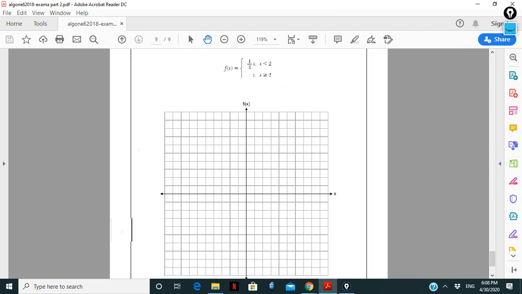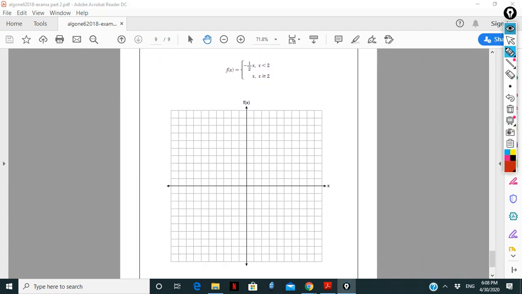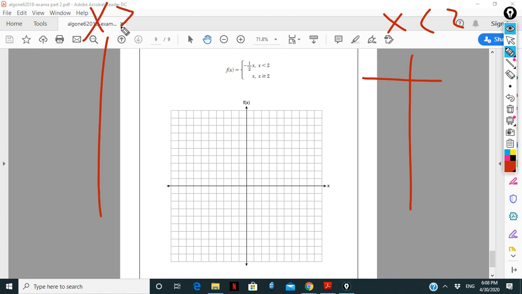Now, this is a piecewise function. He wanted to graph it. So here, what happened? I have split the domain: one for x less than 2, one for x greater than or equal to 2. Here is x, here is y, here is x, here is y. So I'm plugging in, for example, 2, because the numerator has 2, and 0, negative 2.